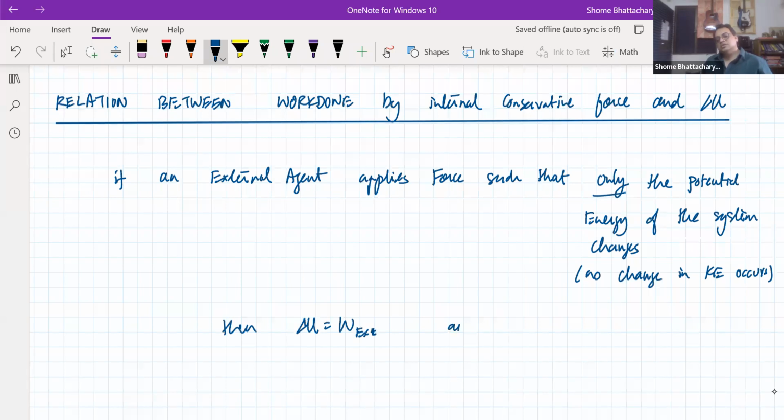But in this case, the work done by the external agent plus the work done by the internal conservative force will be zero, where this is the work done by internal conservative force.